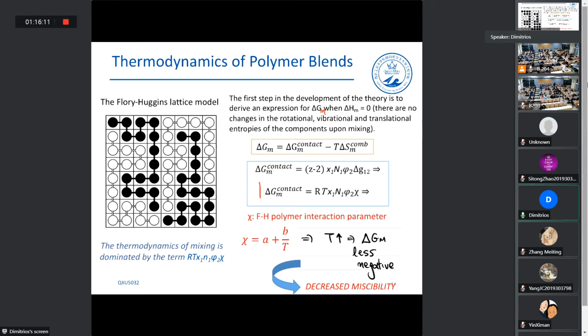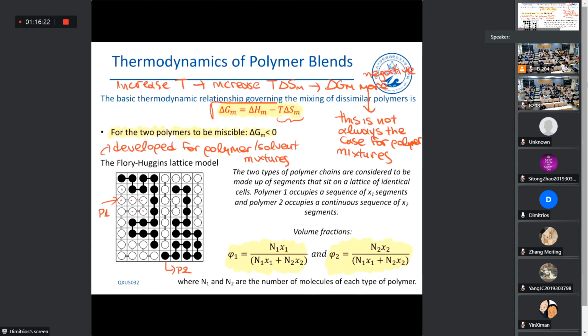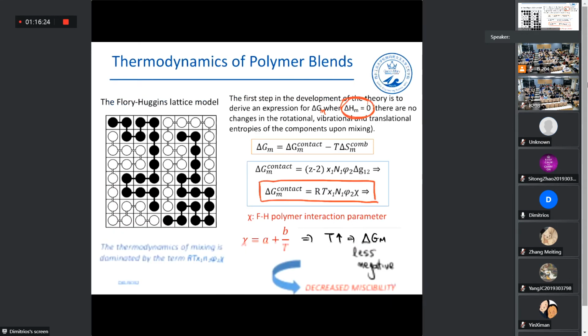The only thing I want to point out is that, after having zero enthalpy, in this equation we have that the Gibbs free energy of mixing is mainly affected by the combinatorial entropy of our mixture.